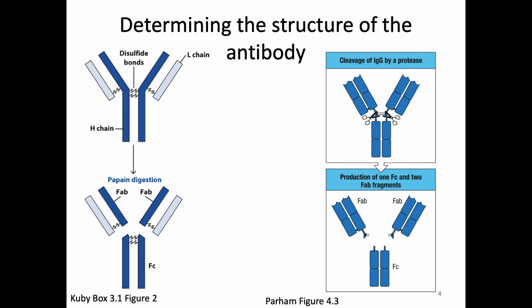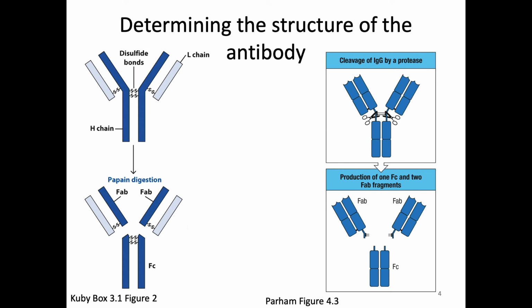The protease they used in this example is called papain. And when they did their papain digestion, they found that they got 3 pieces. One piece was the tail that you can see here, and then these other 2 identical arm parts.